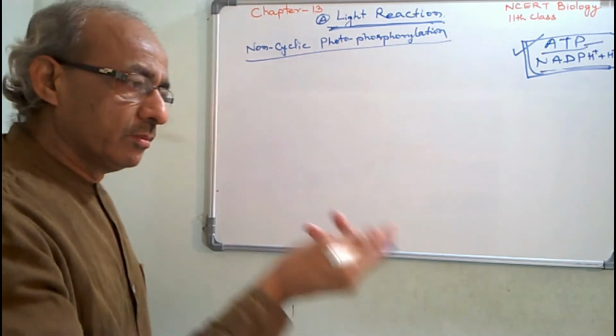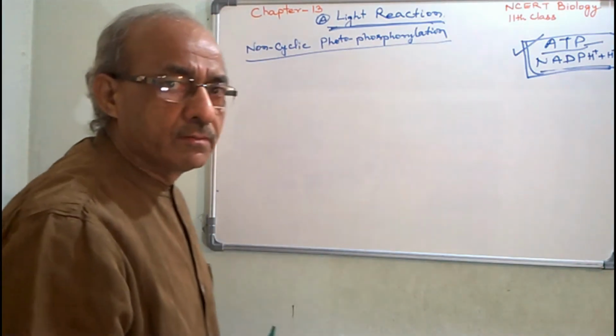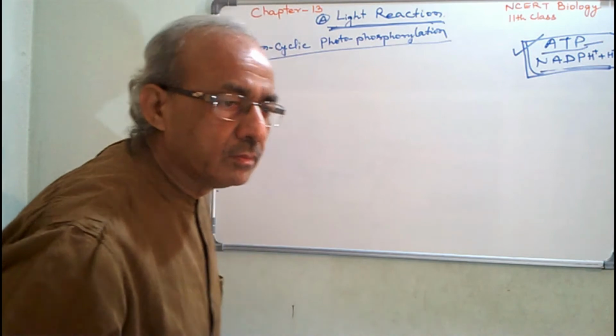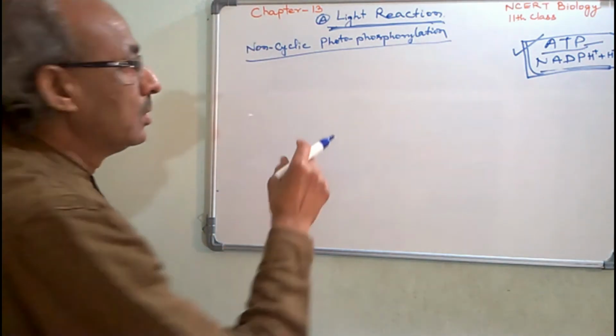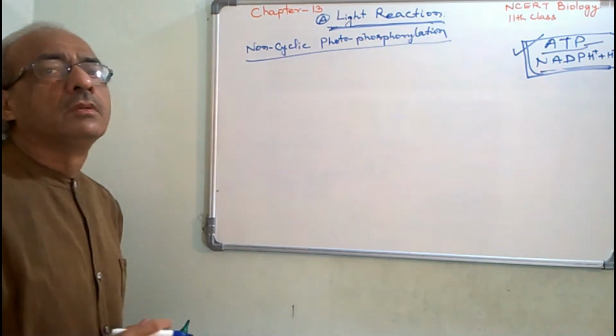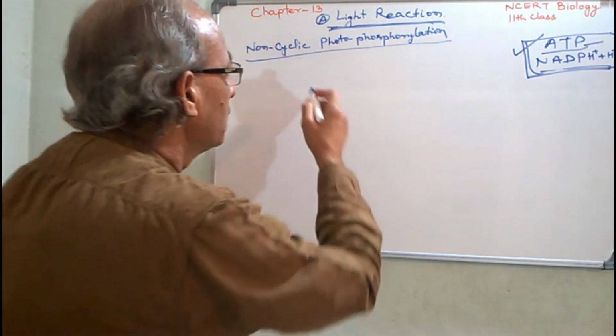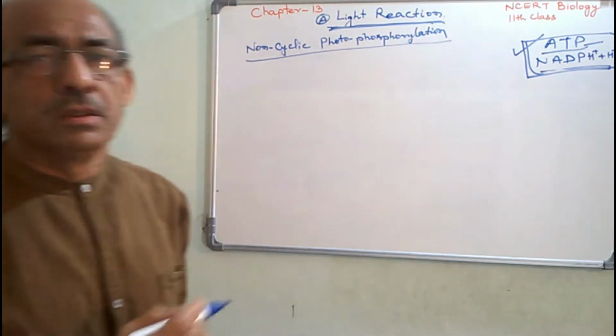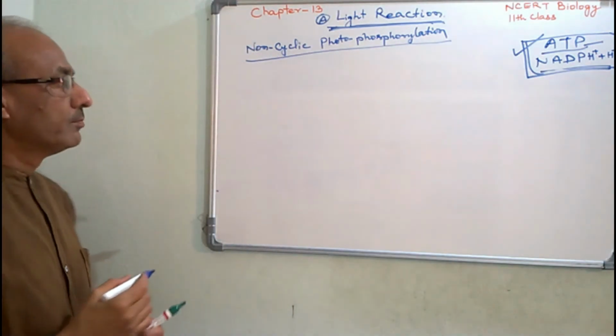Here the process is phosphorylation to generate ATP and NADPH. But because it takes place in presence of sunlight on the thylakoids of chloroplast, it is called photophosphorylation.